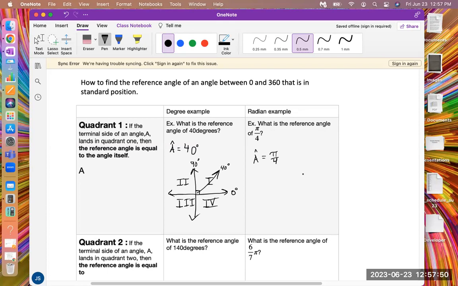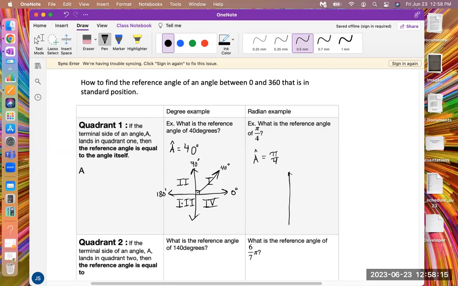It's a little bit harder with radians to recognize whether an angle is in quadrant 1. Quickly, let's go over all these. This is 0 and 90. If we add another 90 degrees, this is at 180. So any angle between 90 and 180 is a quadrant 2 angle.